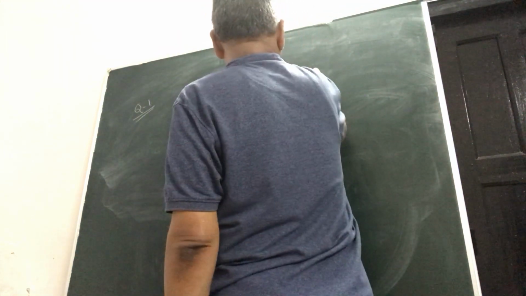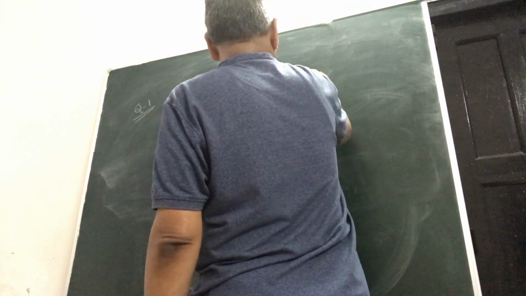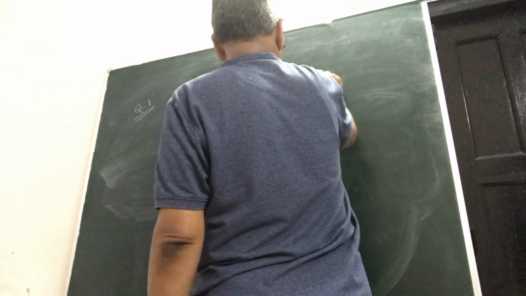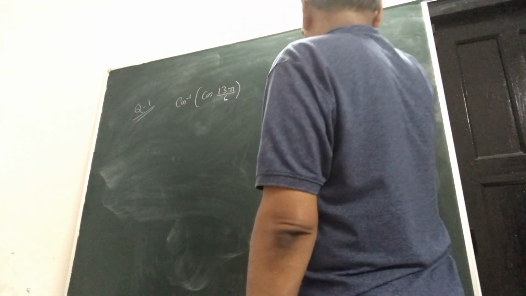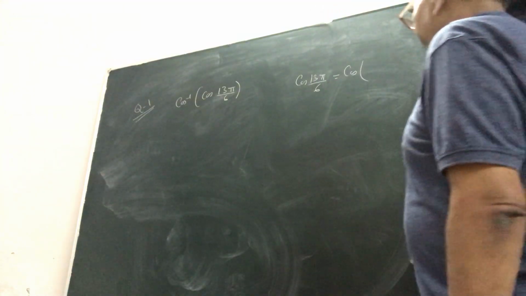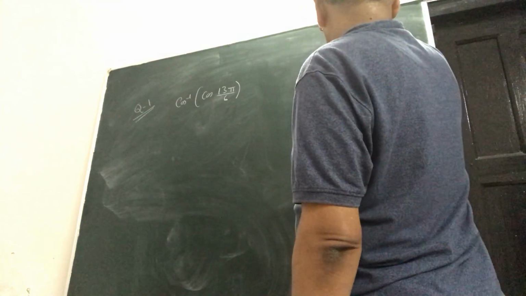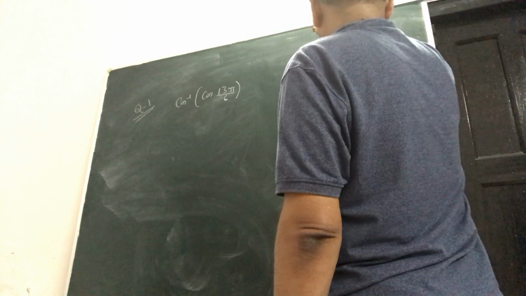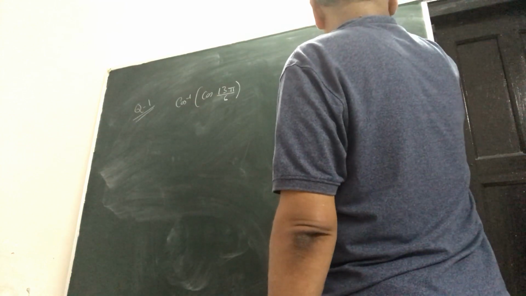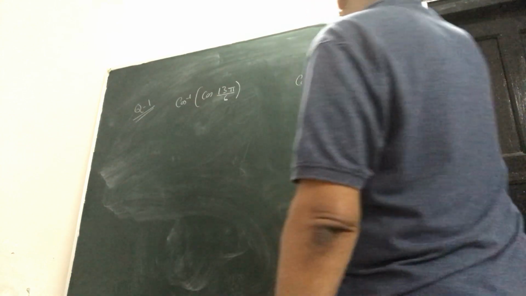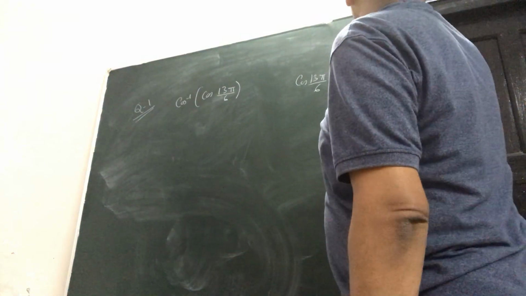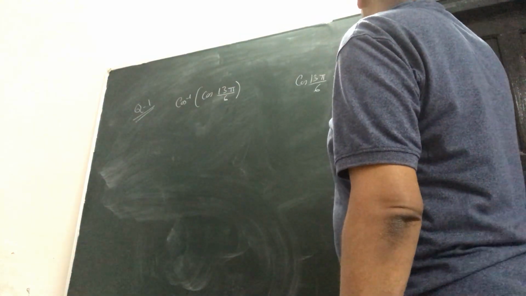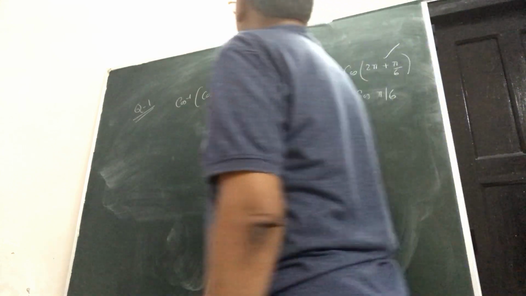So cos 13 pi by 6. Let us see how we can write it. You had better write it as 2 pi plus pi by 6, since 12 pi by 6 is 2 pi. It is always better, because cos of 2 pi plus something is always cos of something.